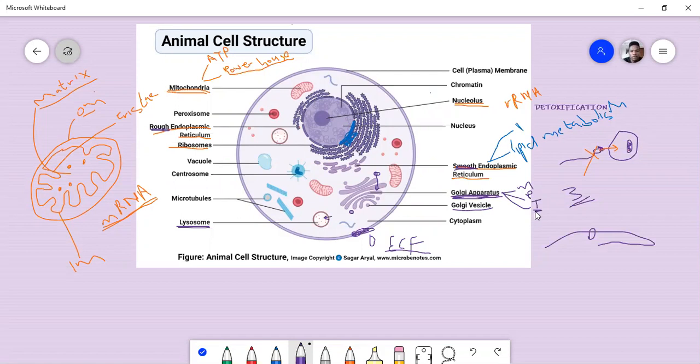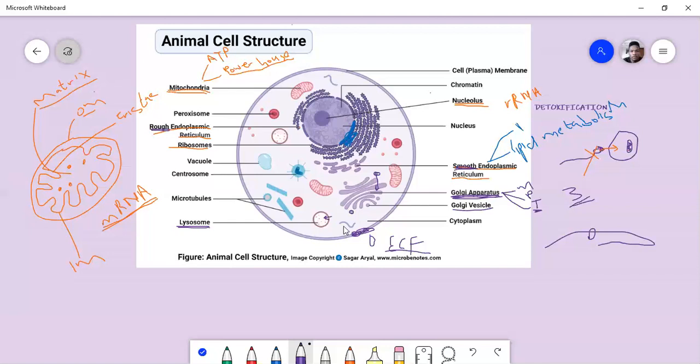And then those ones that are going to the lysosome, what is the function of the lysosome? The lysosome is formed from, it's not like these proteins will go and diffuse into the lysosome. No, the lysosome is what? It is the Golgi vesicle itself. It parts from the Golgi apparatus.